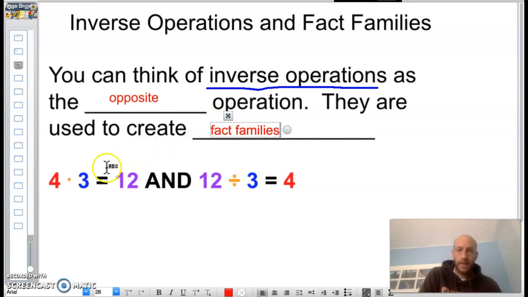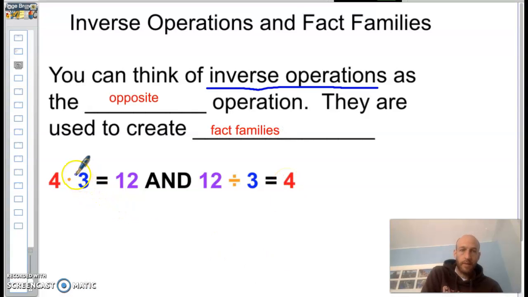So I have an example here. 4 times 3 is equal to 12, and 12 divided by 3 equals 4. So you can see here we've used inverse operations. We have multiplication. 4 times 3 is 12, but we can also reverse the order and use the opposite operation.